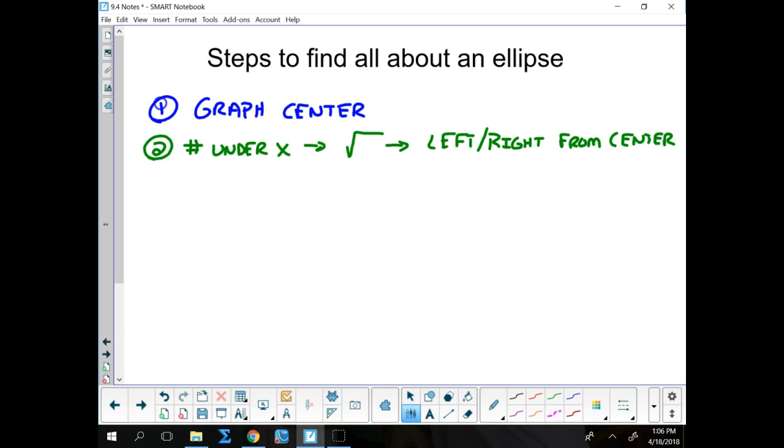Step 3. It's in your notes from yesterday. So now we're going to look, same thing, but just under Y, right? What else changes? So the number under the Y, I take the square root of it.